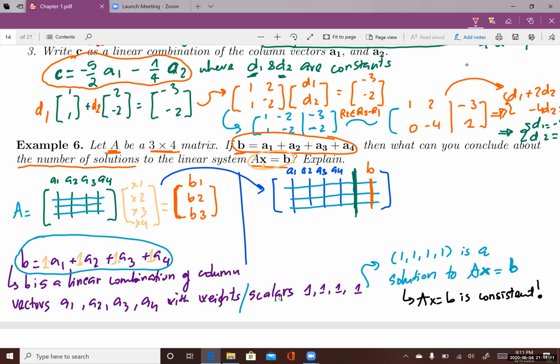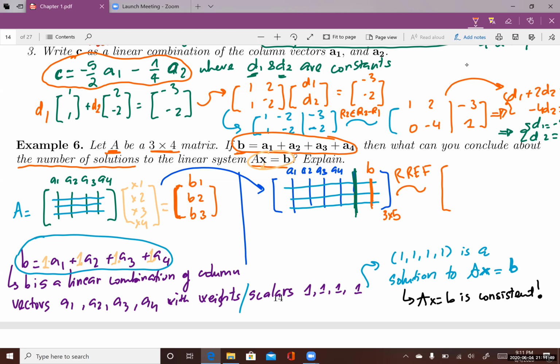All right. So if I want to solve this system, I want to reduce it. This matrix is now 3 by 5. If I reduce this matrix to the reduced row echelon form, since I have 3 rows, 1, 2, 3, then I would have at most 3 pivot columns, because each pivot position is located in 1 row.